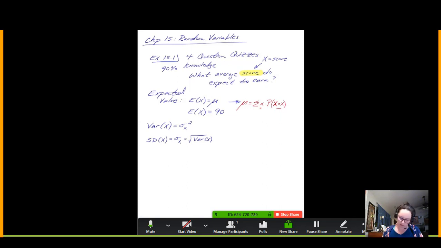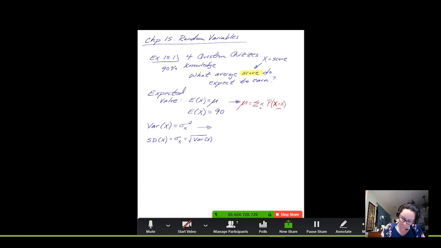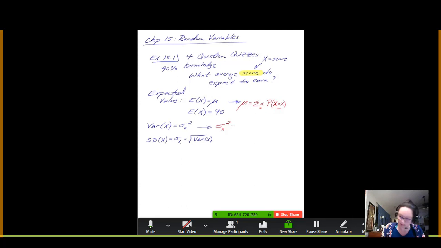And then the formula for variance. The variance of x, or whatever, the test score in this instance, will be equal to, and this is actually quite similar, right? Because remember that with variance we are looking at the squared distances from the mean.